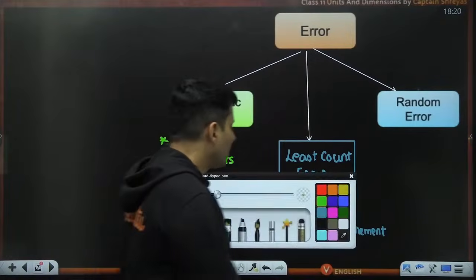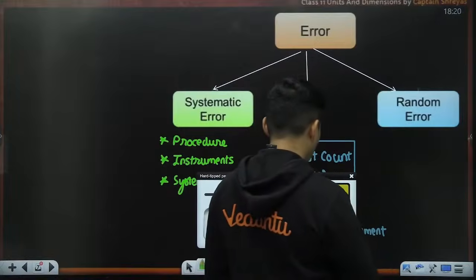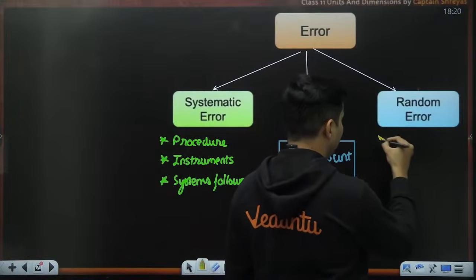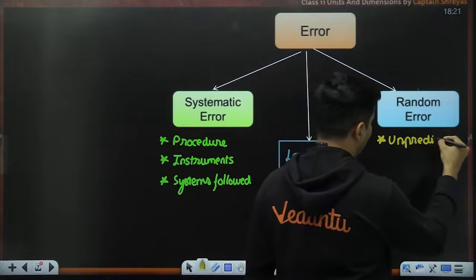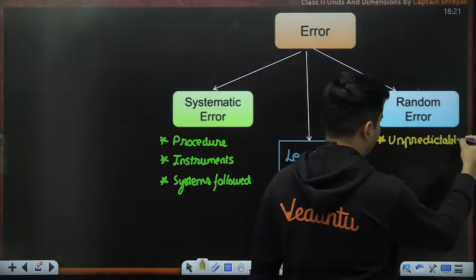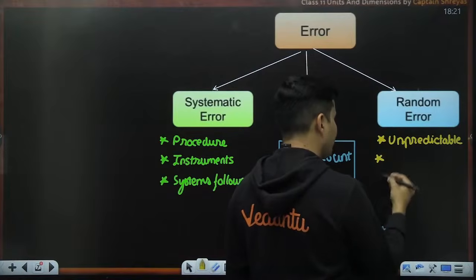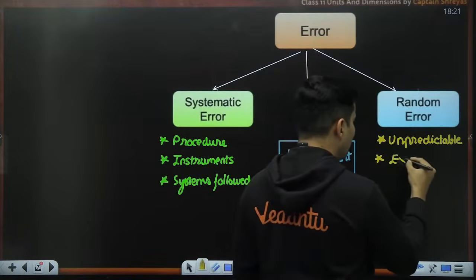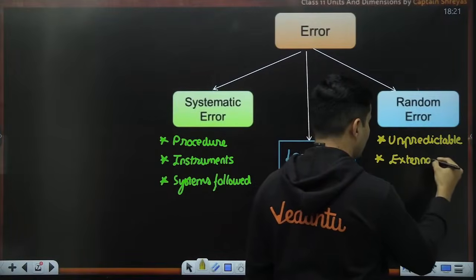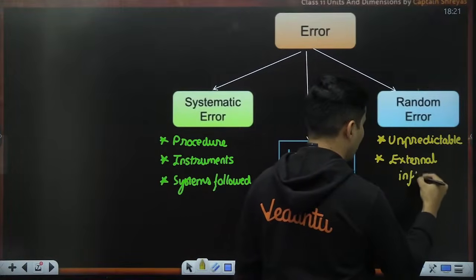Random error, you cannot predict it at all. These are completely unpredictable errors. They are completely random in nature. They can be sometimes there, sometimes not there. These are usually due to external influences.